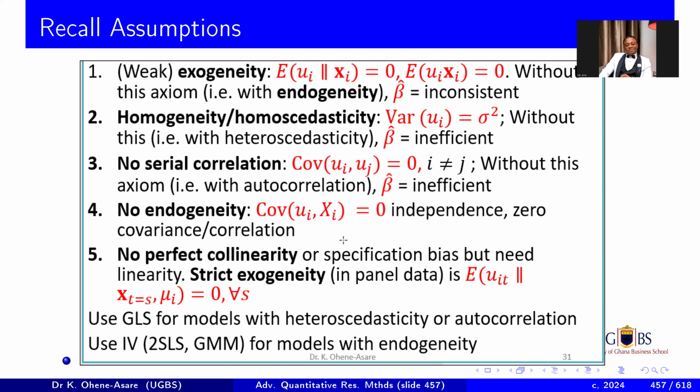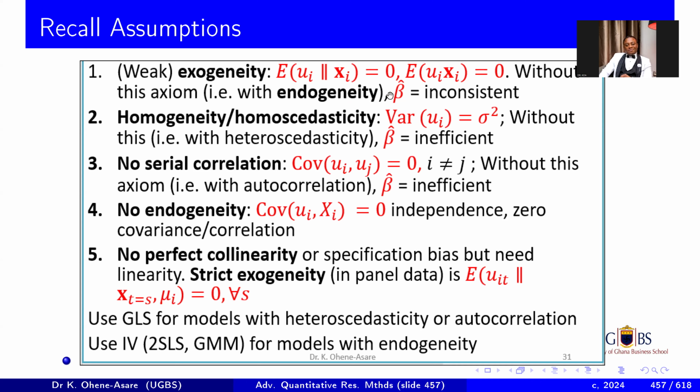And the first assumption is exogeneity. What does exogeneity mean? The expected value of the error given the independent variable is equal to 0. That's exogeneity, but watch it.